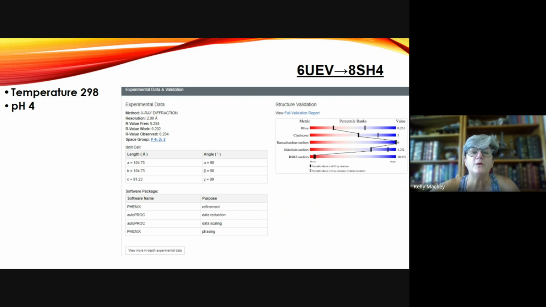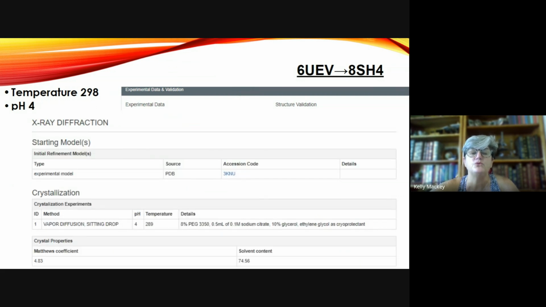You have your experimental data validation, which is right underneath all the main stuff at the top of the page. But you had to scroll all the way down. And at the very bottom, you had to view, because if you look at all of this, temperature isn't here, pH isn't here. You had to click this, and it brought you to more details. And then the more details involved the pH and the temperature.